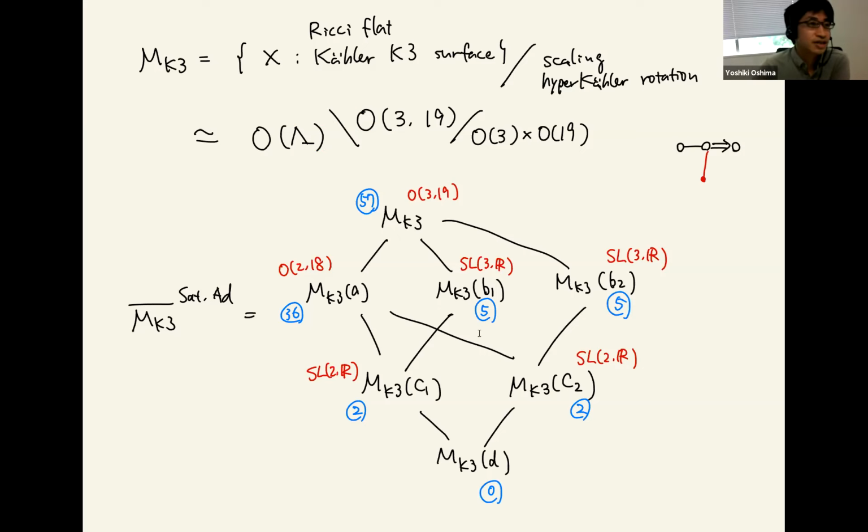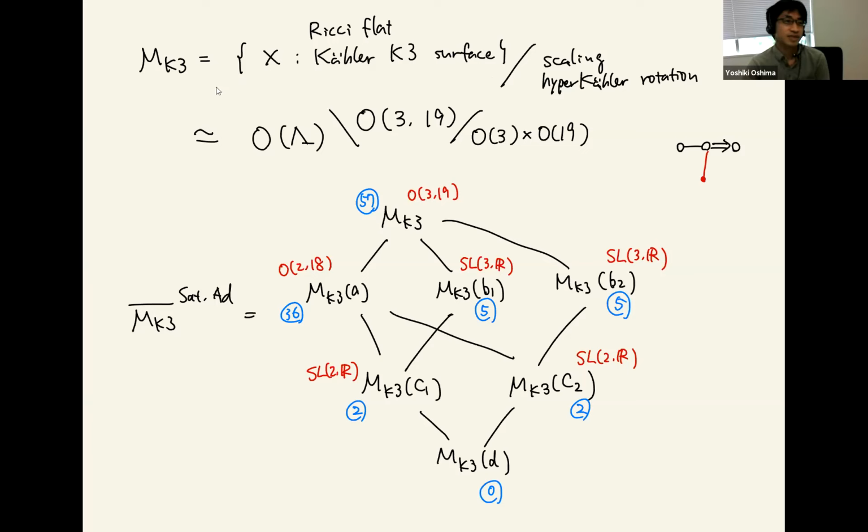Now we consider the non-algebraic case. Previously we considered polarized K3 surfaces, but now we consider Ricci-flat Kähler K3 surfaces. So it's not necessarily algebraic or polarized, and we consider them up to scaling and hyperkähler rotation.